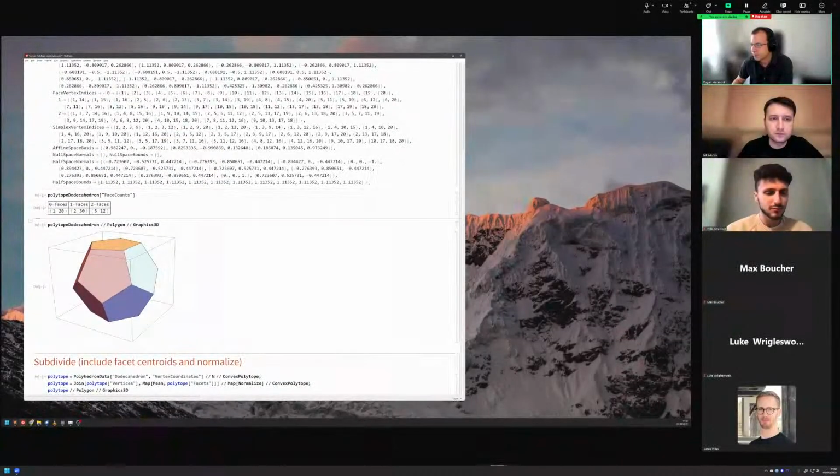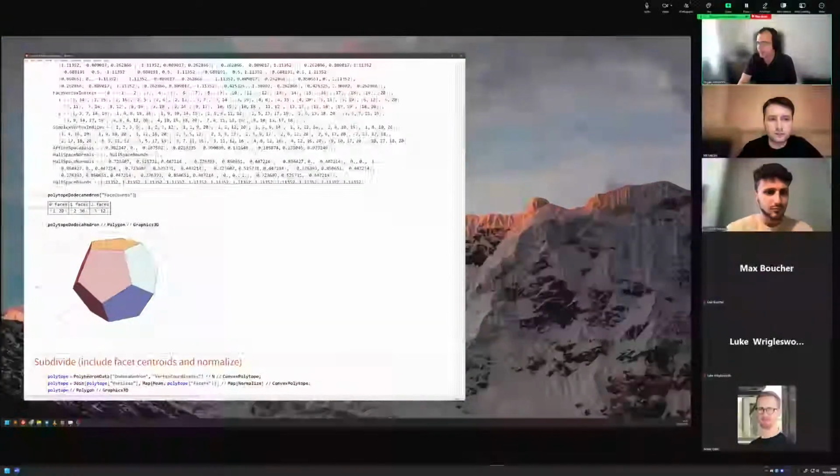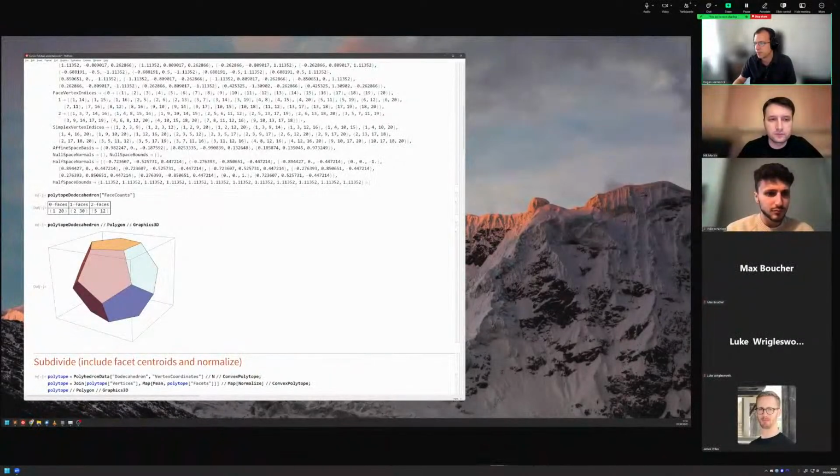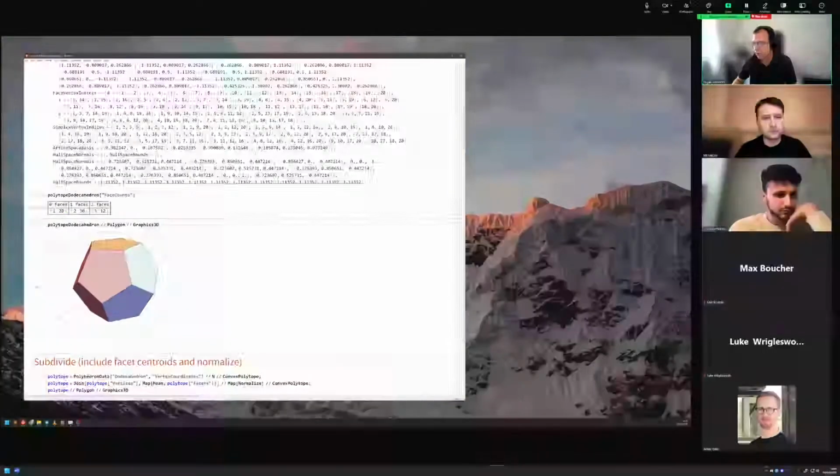I have some procedures defined, such as face counts. So this will spit out all the points, edges, faces, etc. The dodecahedron, for instance, has 20 zero-dimensional faces, which are just vertices.